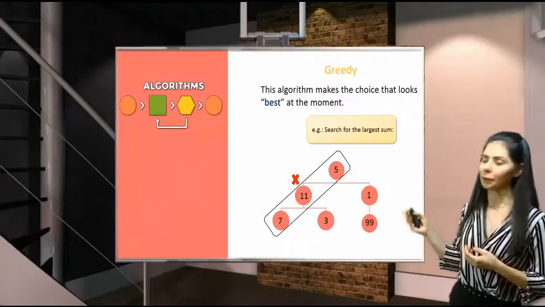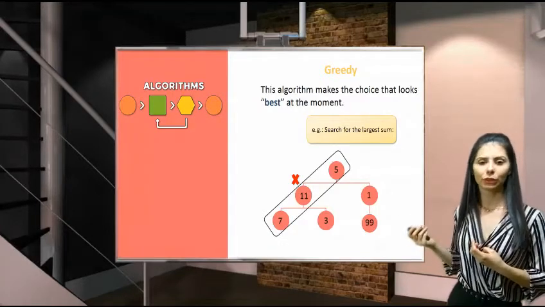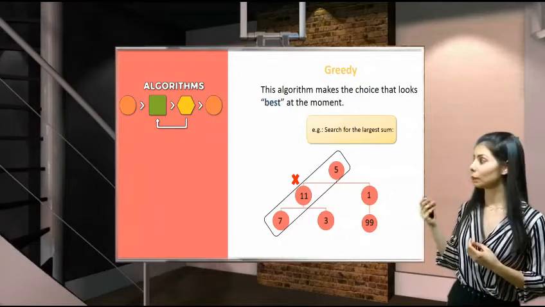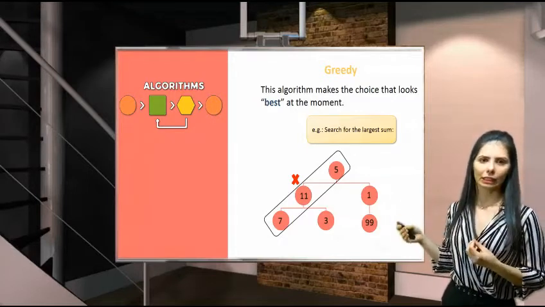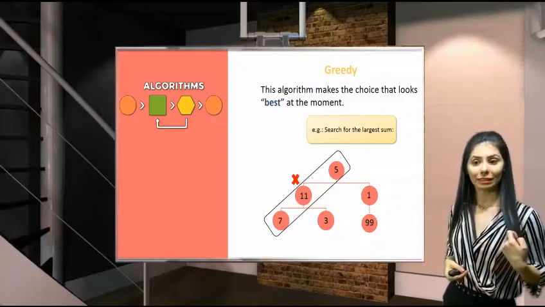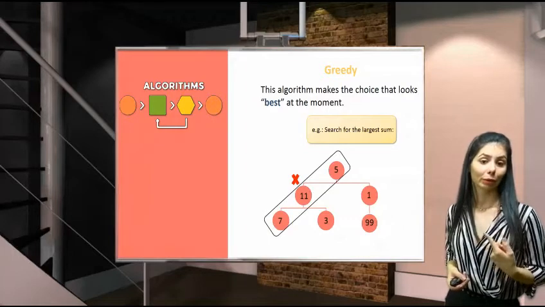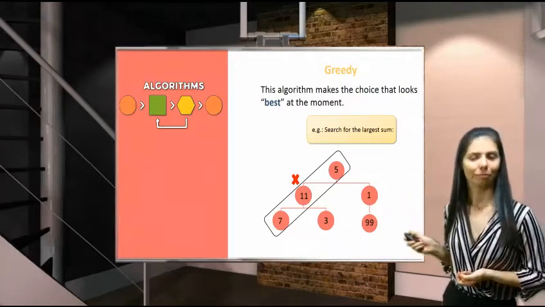In this figure, the objective is to select the elements that result in the largest sum. It is possible to observe that the algorithm selected the largest number in each iteration, but didn't result in the best possible solution, which is the one on the right.